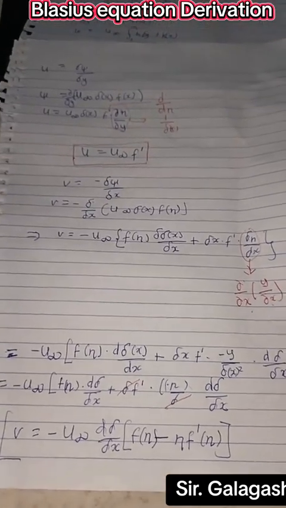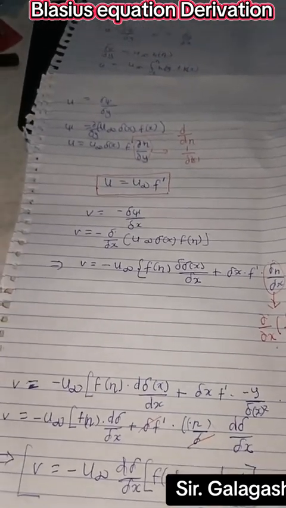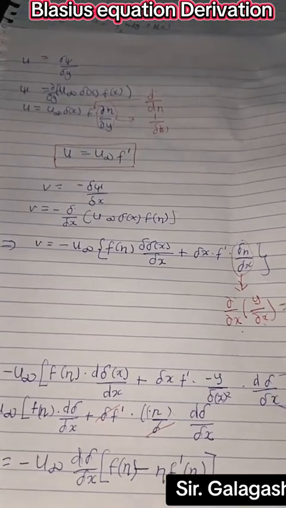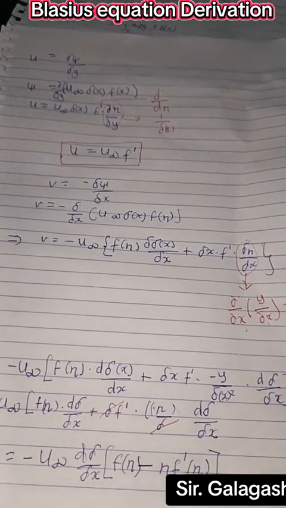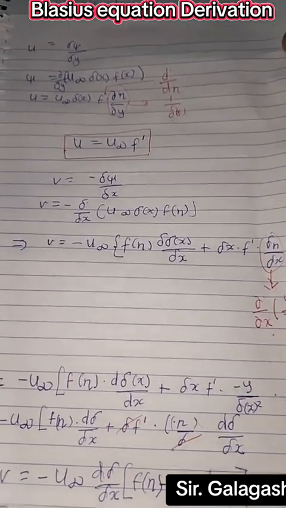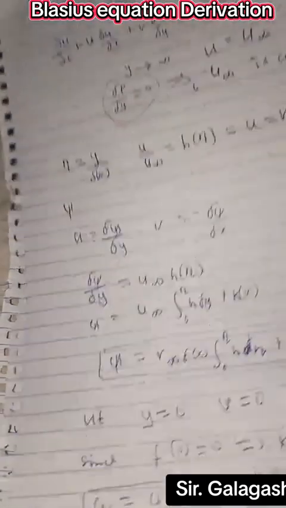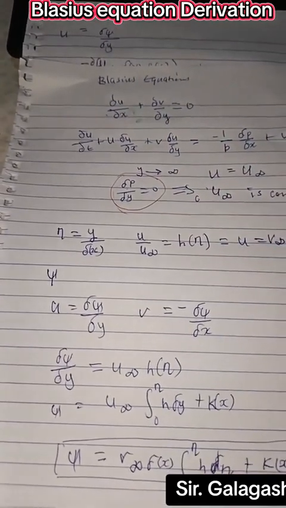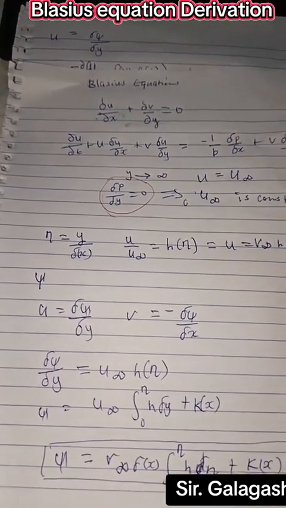So the next thing that we want to ask ourselves in order to get the general Blasius equation is we need to know what is partial u, partial x, because remember we started with looking at partial u, partial x, and we started with this continuity equation.